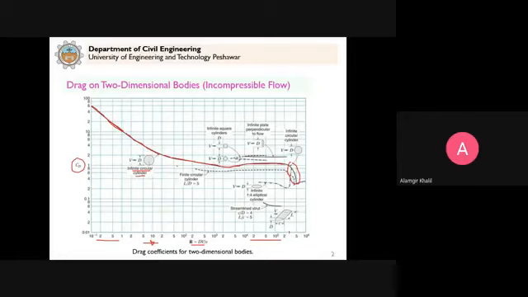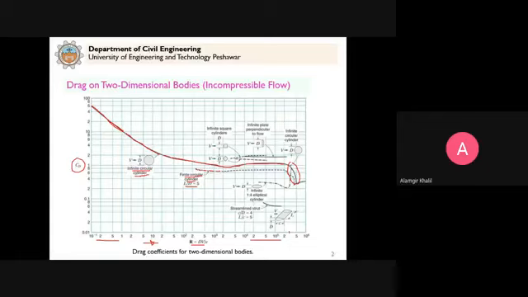If you compare, this was an infinite circular cylinder, meaning the length is sufficiently long to avoid the end effects on the flow. But if we consider a finite circular cylinder with a length to diameter ratio of 5, this is the curve below.